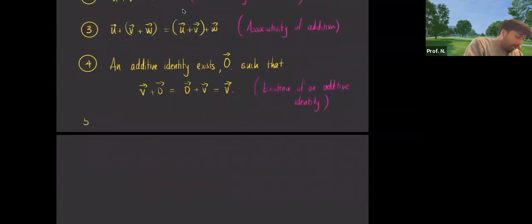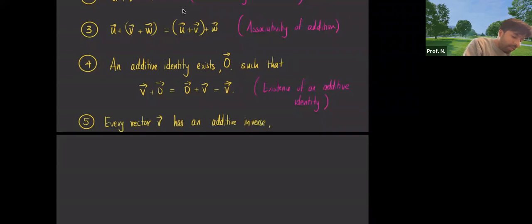Along with that, we have an additive inverse. So every vector V has an additive inverse.